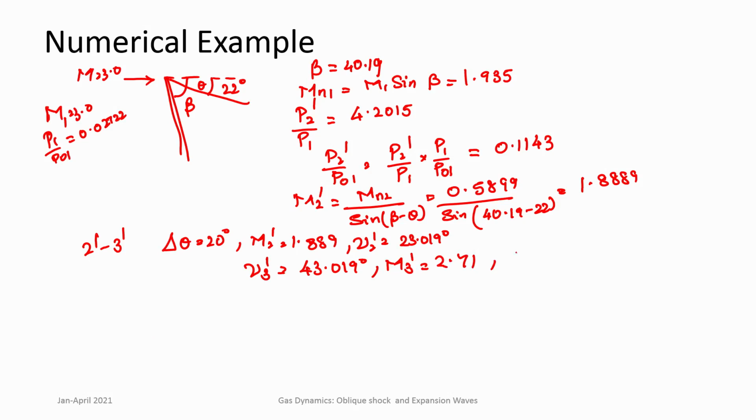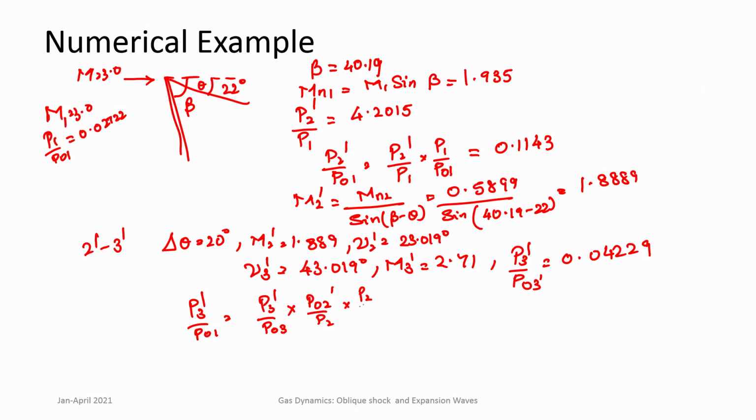So we can find out what is P3 by P03. Your stagnation pressure is going to be constant across the expansion fan. We need P3 prime by P01, which is P3 prime by P03 multiplied by P02 prime by P2 multiplied by P2 by P01.